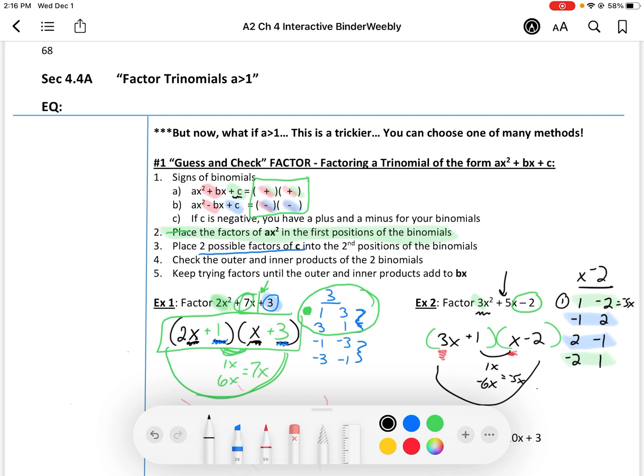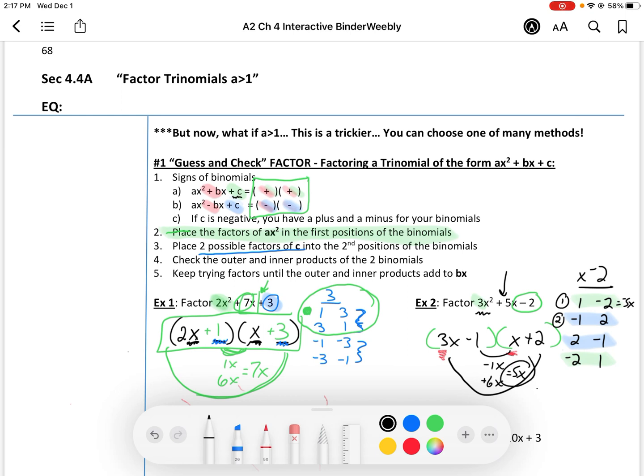All right, let's try the next one. So I'm going to erase my check. And now I'm going to try negative 1 and positive 2. I'm going to try option number 2. Negative 1, positive 2. Here we get negative 1x, and we get positive 6x, which makes 5x.